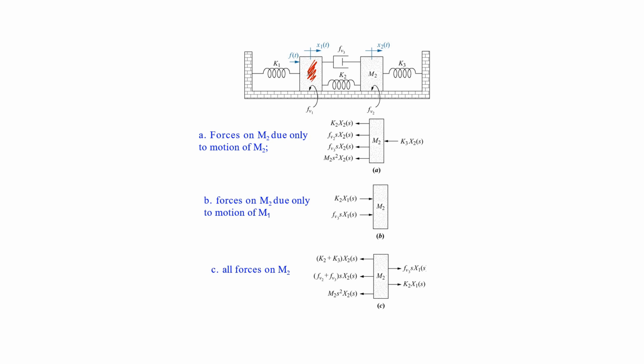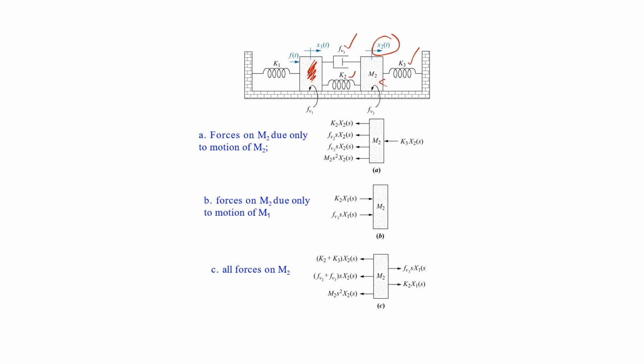From here we can see that one is the force due to this K3, one is the force due to this friction, one is the force due to this other friction, and one is the force due to the mass itself. So we have 1, 2, 3, 4, 5 forces, and all of these forces are acting against this displacement x2. That's why in this free body diagram, all of the forces have the arrow in the opposite direction of x2.